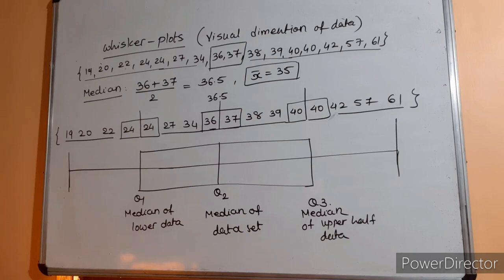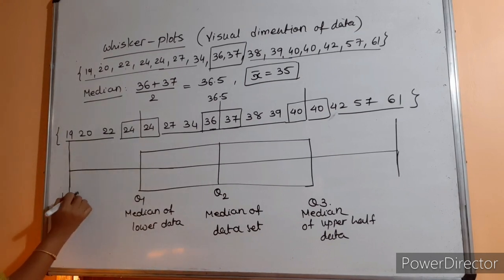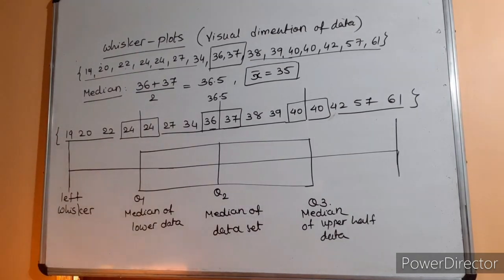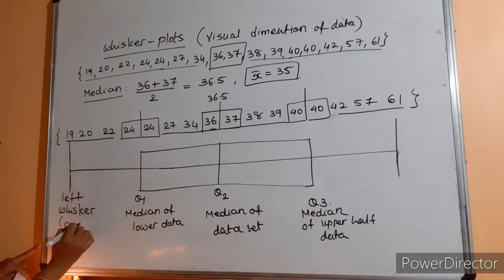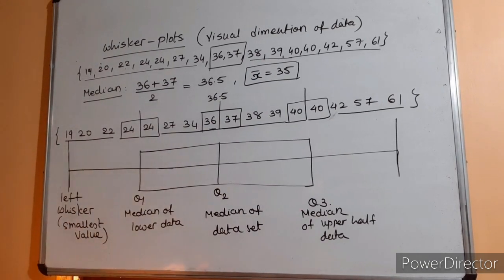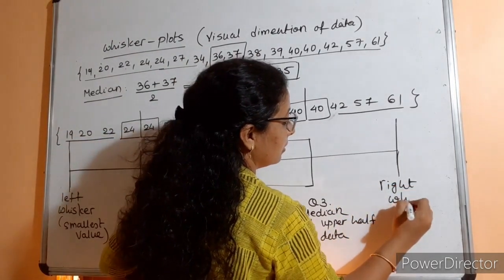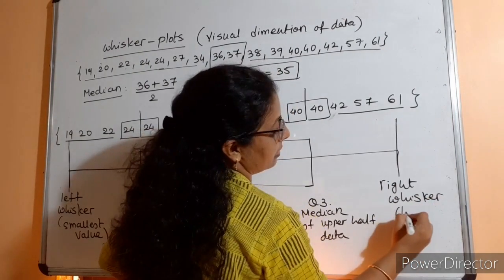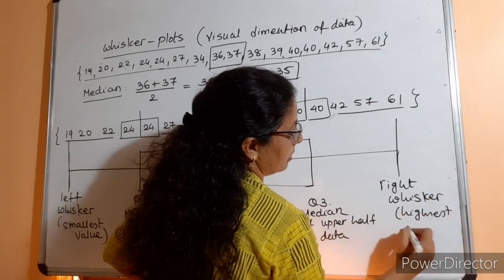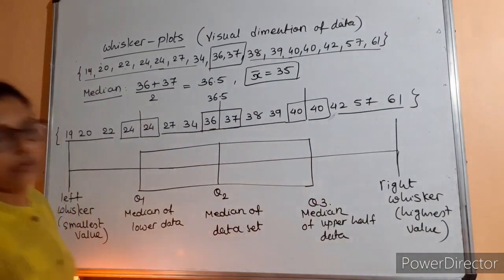So here, 19 is the smallest value, which is called the left whisker. And here the highest value is called the right whisker.